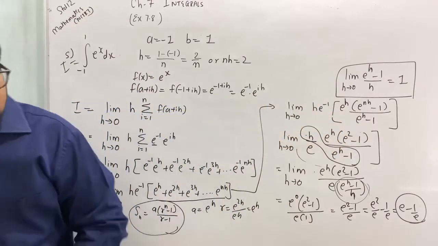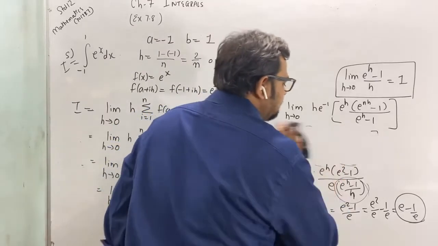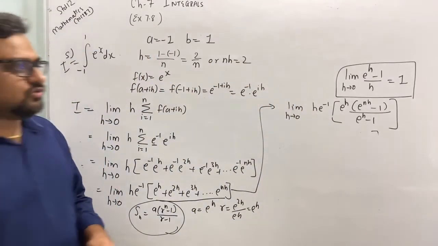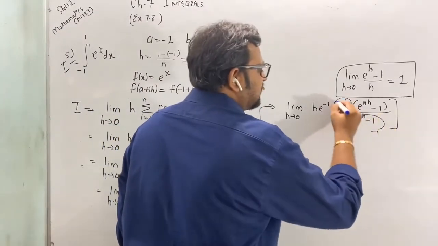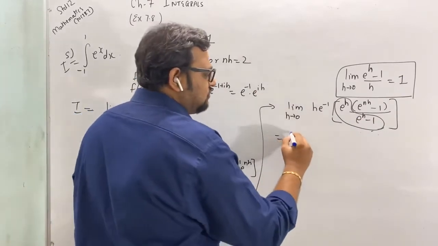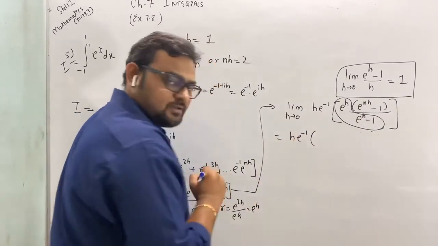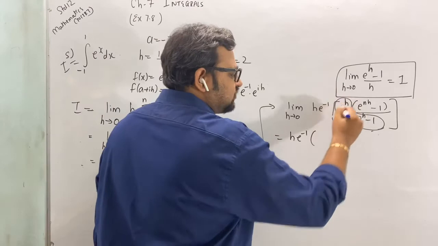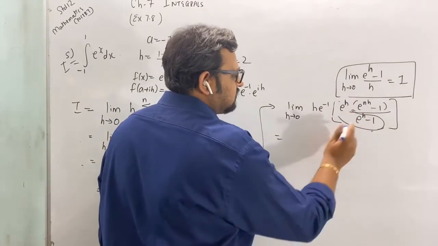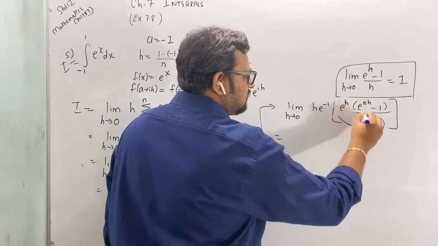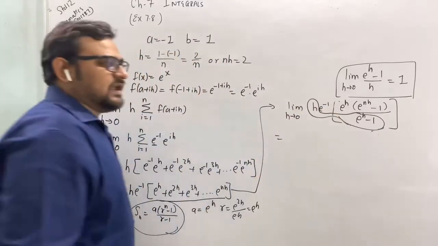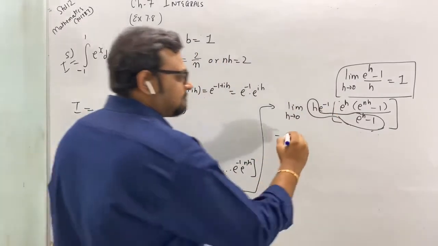Okay, if you want to finish it in short, then what can you do? See, e raised to h minus h, this is 1. Just put down the value, e raised to h minus 1 upon h, that is 1.